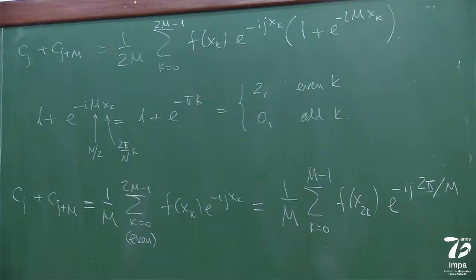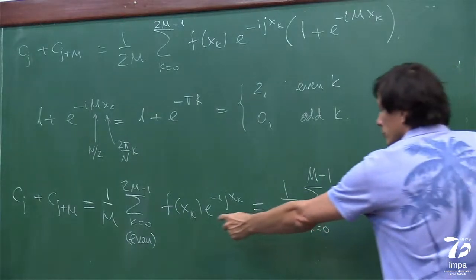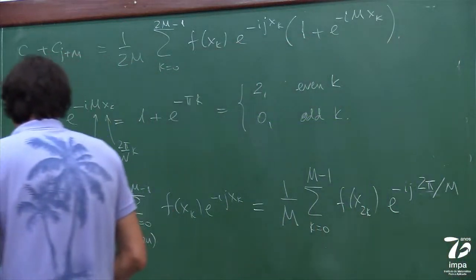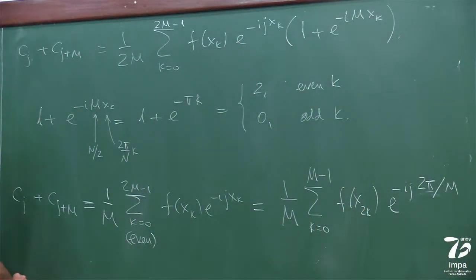So it was originally k over n, but when you just took even numbers, you have to divide by 2, and it will become m. Take care about this. Okay, so this is an expression, and then just the same way.